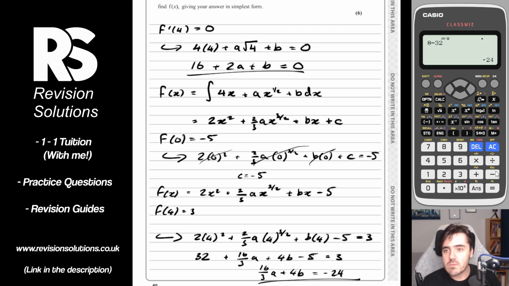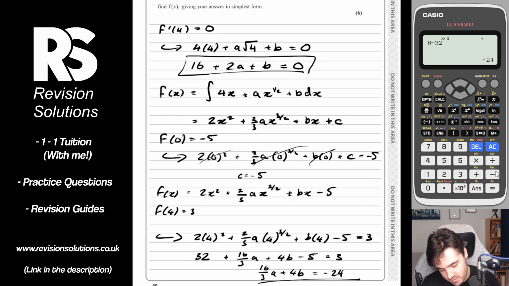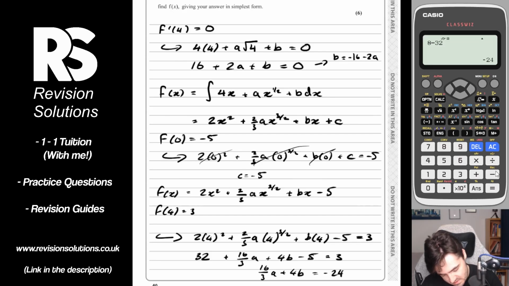So let's write them on the next page. I'm going to rearrange that one just to have the constants on the other side. Or in fact, actually, I might rearrange that one to just give me b, and then I can substitute. So if I rearrange that one quickly, b is going to be minus 16 minus 2a. And now let's substitute that into here.